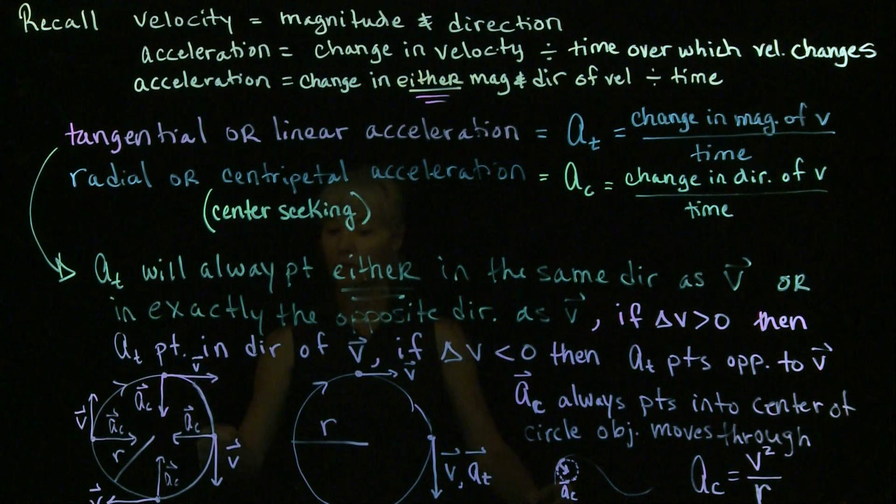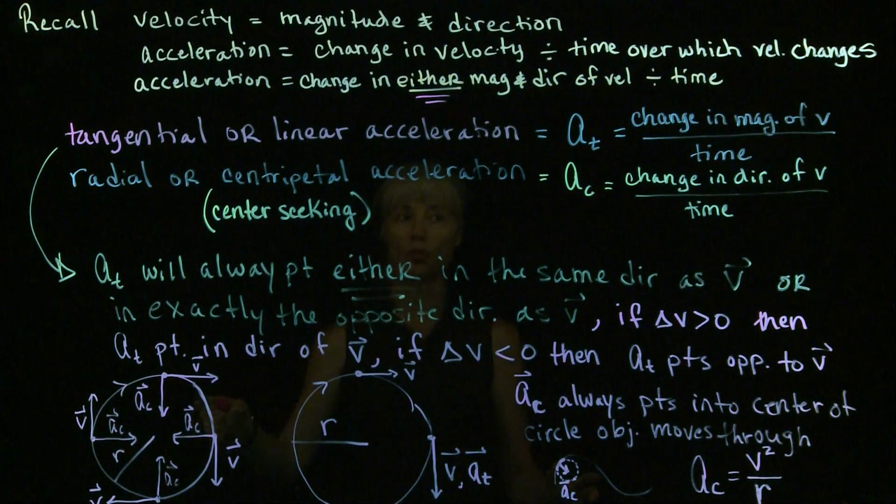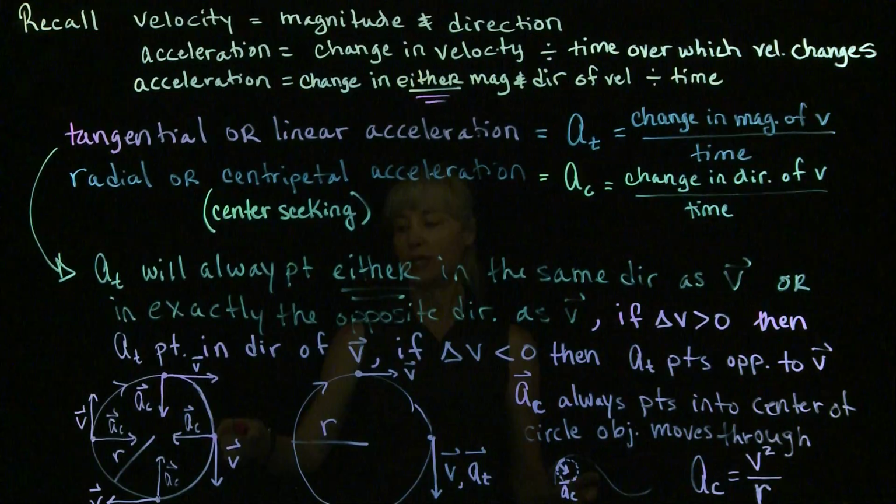But here, the velocity remained constant, and so the magnitude part of the velocity remained constant. And so what that means then is that the magnitude part of the centripetal acceleration will remain constant. But note that the direction part of the centripetal acceleration will not remain constant. It changes in direction by 360 degrees every time it completes one full revolution.